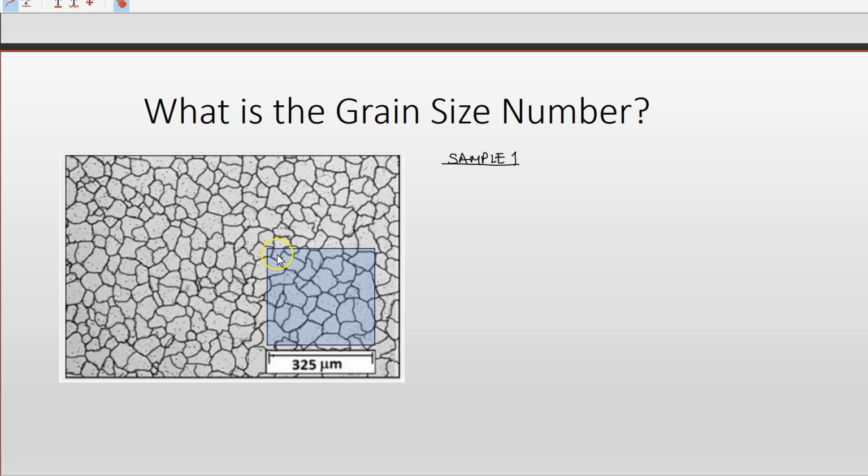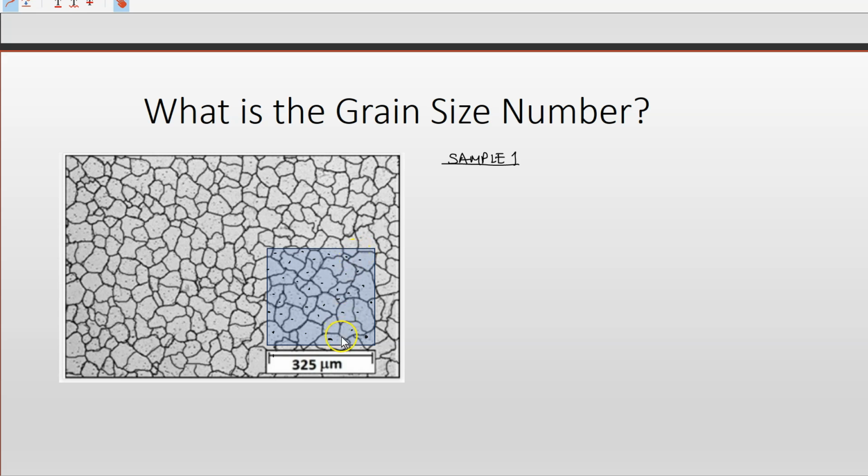In this sample, we have 1, 2, 3, 4, 5, 6, 7, 8, 9, 10, 11, 12, 13, 14. We could count 2 halves as a 15, so 15, 16, up through 32, and I'll call this 33, 34, and 35.